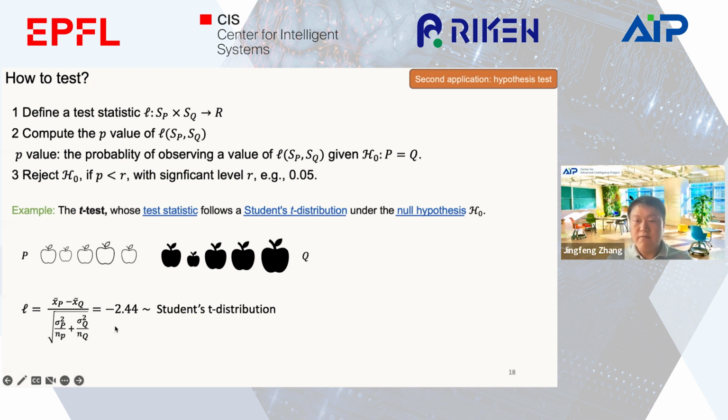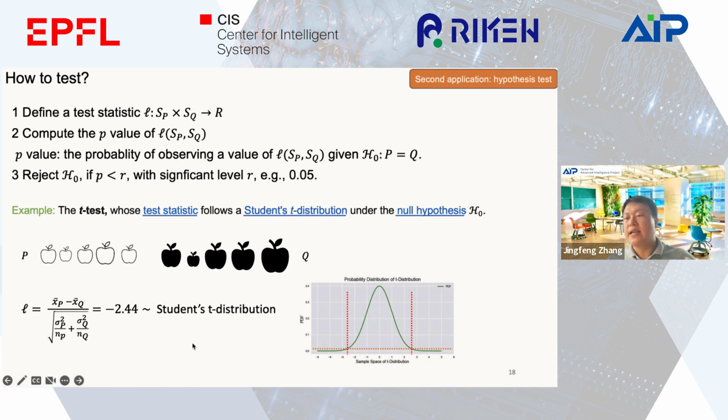Suppose we get a value of minus 2.44. We really want to know whether this value is large enough to tell any differences. Therefore, we look at the distribution density function of this test statistic.